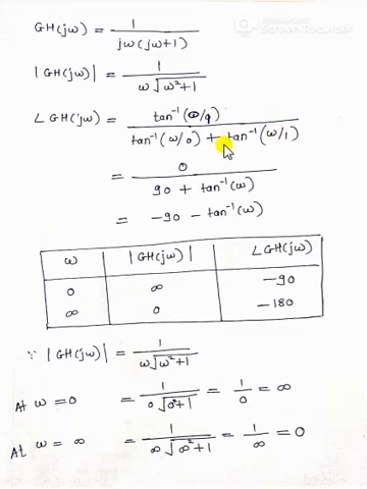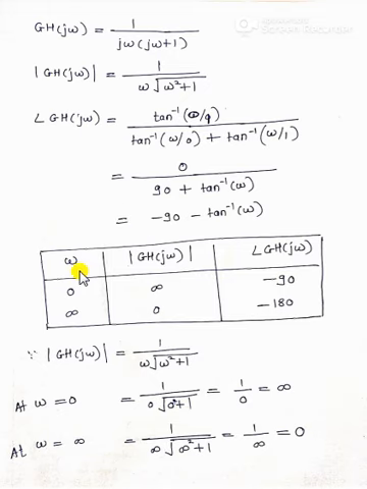Both are multiplied, j omega into j omega plus 1, so angles get added. Now the numerator angle is 0, tan inverse omega upon 0 is 90 degrees, and the left part is plus tan inverse omega. Since there is a division, we subtract the angles. So 0 minus 90 minus tan inverse omega. This is the angle of GH j omega.